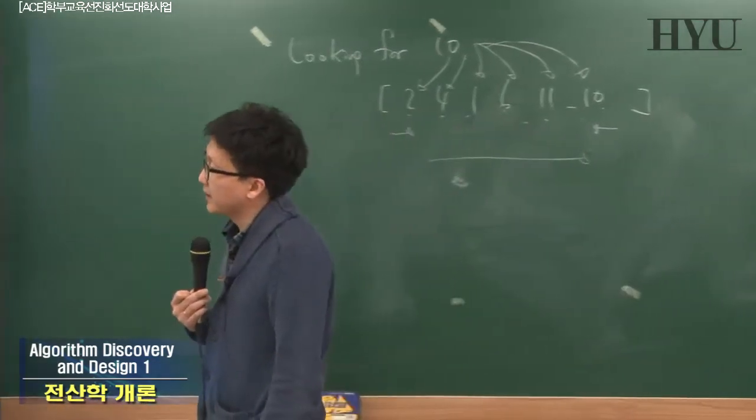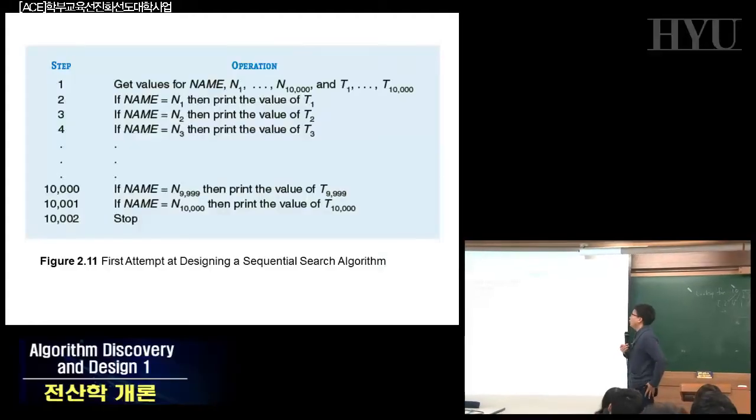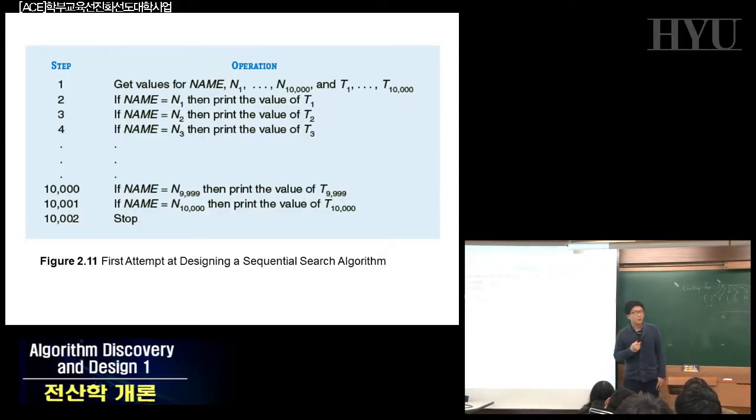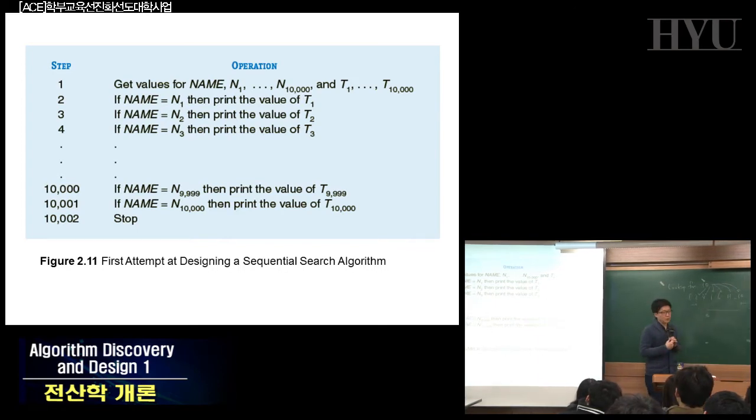Let's take a look at this sequential search algorithm. Get a value for name N1 to N10,000, and T1 to T10,000. So have that is very simple sequential search. This is another type of sequential search.